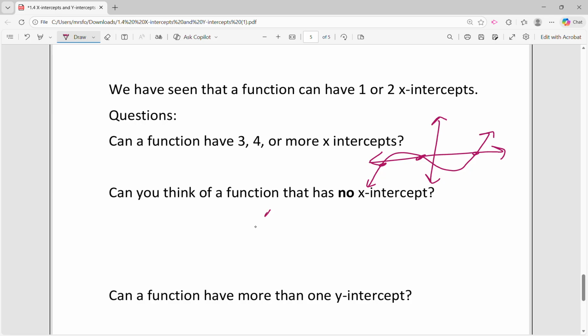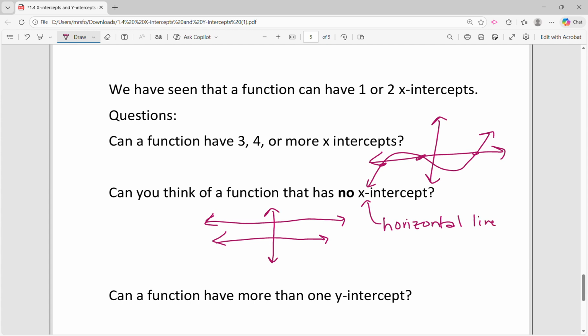Can you think of a function that has no x-intercepts? This right here could have no x-intercepts. So no x-intercepts could be a horizontal line.